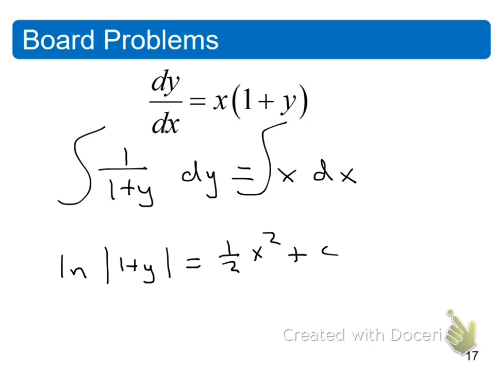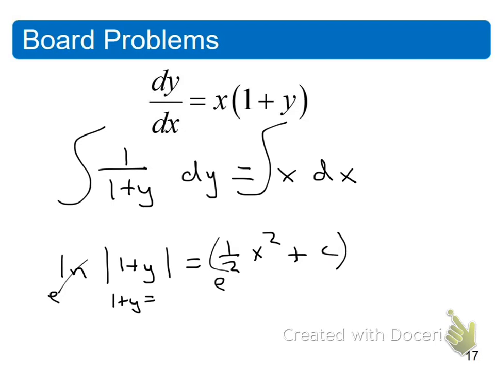Okay, we've separated, we integrated. We're going to solve for y. We're going to do what to both sides? We're going to go e to the. Over here on the left, those cancel, so I'm left with 1 plus y equals, okay, let's see if we can do it again now. So, guys, this is e raised to all this. Can you follow me on that? So it's e to this times e to c, which we're just going to call a new constant k.